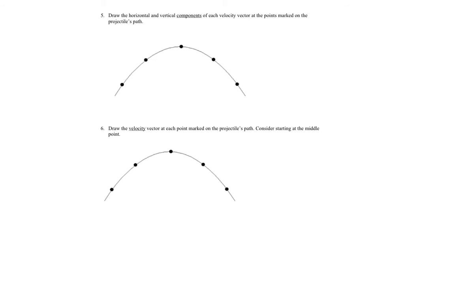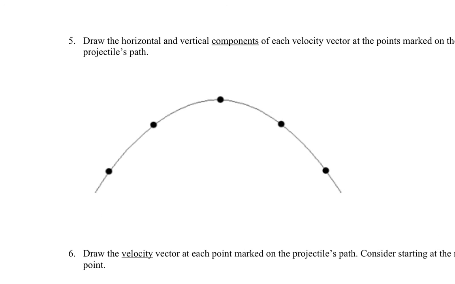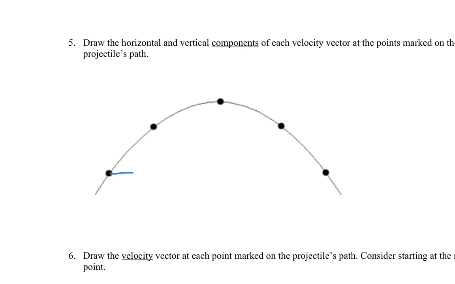All right, let's go ahead and start with the horizontal component of the velocity vector for number 5. And that should be perfectly horizontal, and it should be exactly the same length for every single location, because there is no acceleration in the horizontal direction. So there can't be any change in velocity. So the component in the horizontal direction of velocity has to be exactly the same every single time. Now that's going to be different than the vertical direction.